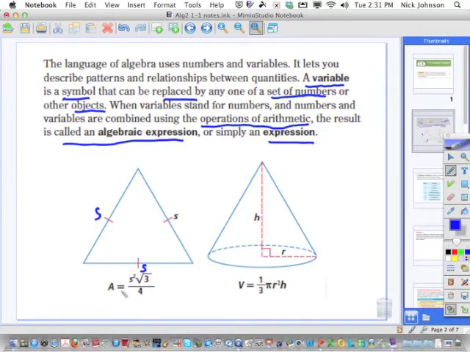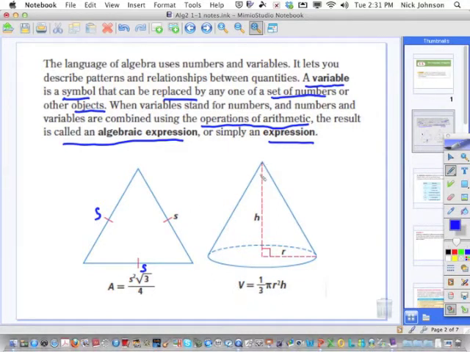To find the area of this equilateral triangle, you can use this expression, S squared times the square root of 3 all over 4, where S is the length of the side.